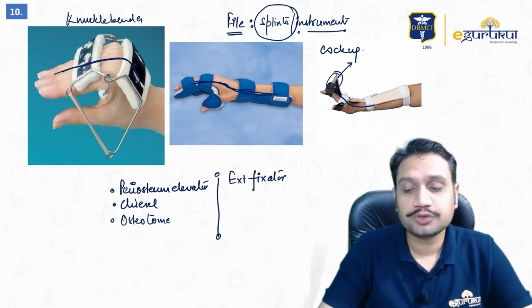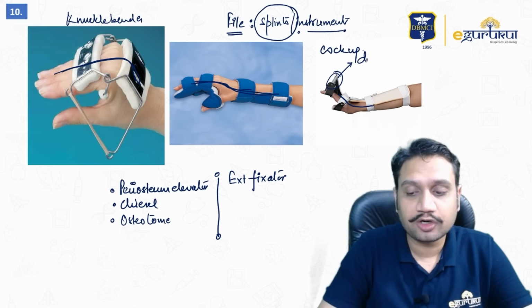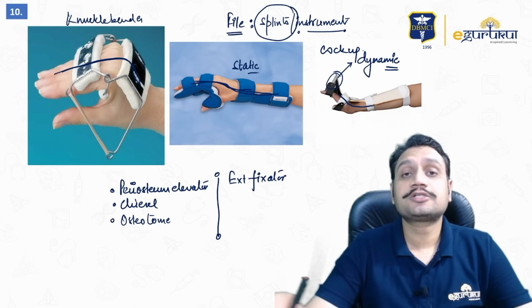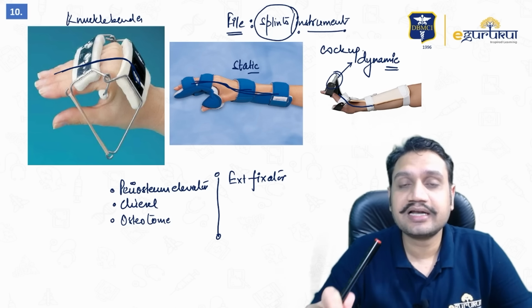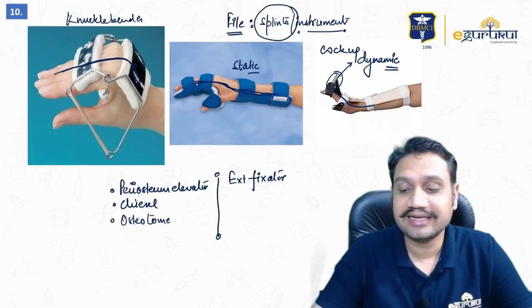So spring one is known as the dynamic cock-up splint. So the dynamic cock-up splint, or the static cock-up splint, or the knuckle bender splint, or the braces related to your scoliosis, the braces related to your CTEV, the Denis Browne splint, okay, the Denis Browne splint. I want you to remember that. So please go through the file once so that you can revise and do well in the image-based examinations.